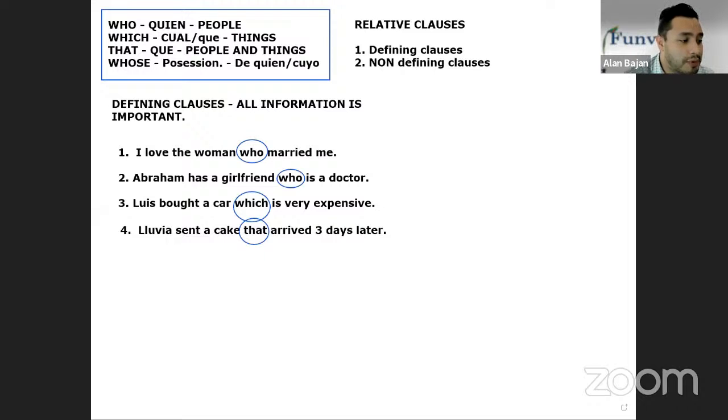Gonzalo says, we paid for a pizza which was delicious. Add the H before the I, Gonzalo. It's not which. Which is another word. It's which con H antes de la I, okay? Yesterday, Erika says, I met a friend who is from Guatemala.